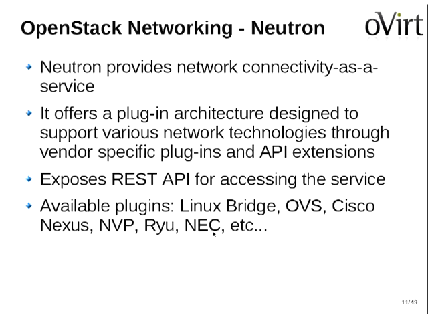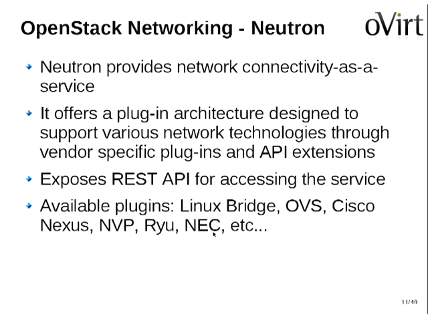And it also has this plug-in architecture. In the plug-in architecture, we can support various networking technologies and various hardware through the plugins. The plugins implement the Neutron API, and maybe they have some extensions to make the usage a bit more advanced.